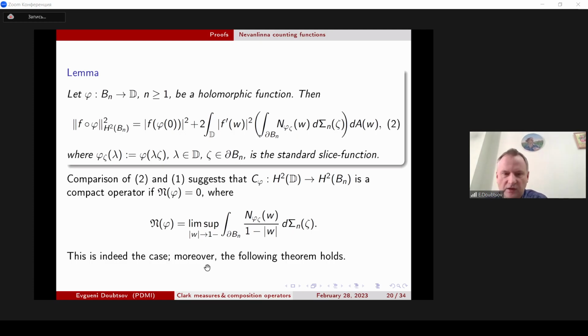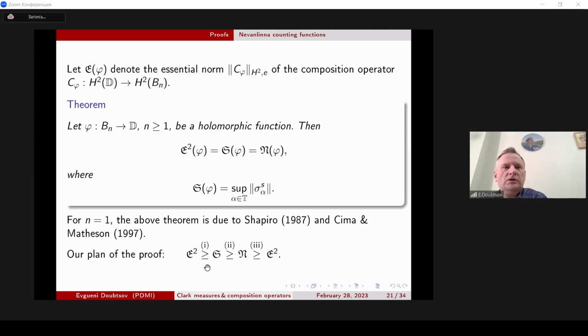Well, this is indeed the case, and the main theorem here is the following one. Let capital E of phi denote the essential norm under consideration. Then the main technical and more general result is the following.